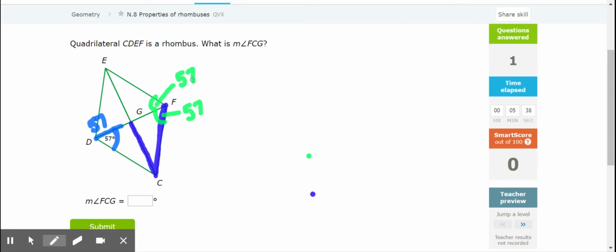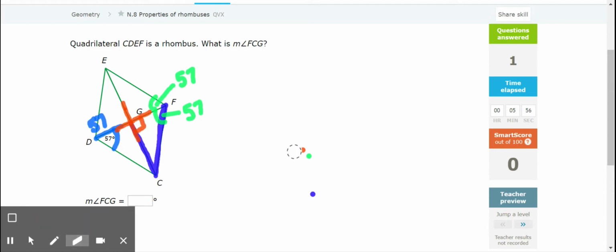That still doesn't help me with this blue part that I have labeled here. But we also know that the diagonals are perpendicular, so where they cross makes 90-degree angles. So I know that this angle right here is 90 degrees. If this angle is 57 and this angle is 90, then I should be able to find this angle by subtracting from 180, because the angles inside of a triangle are supposed to equal 180.